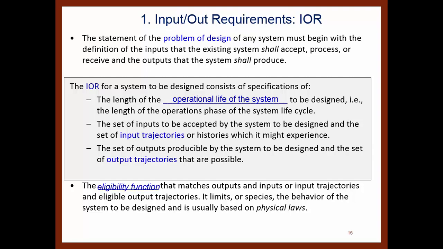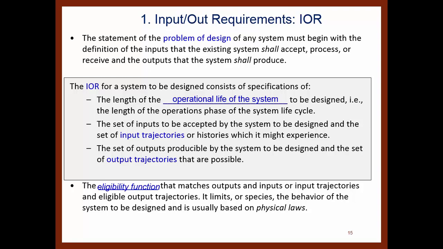The eligibility function that matches outputs and inputs, or input trajectories and eligible output trajectories, that's what we call the eligibility function. It limits or specifies the behavior of a system to be designed, and is usually based on physical laws. So basically, this is making the connection between the inputs and the outputs.